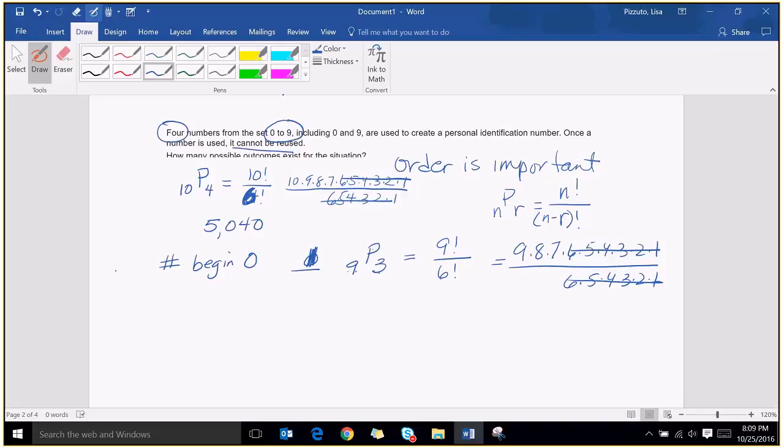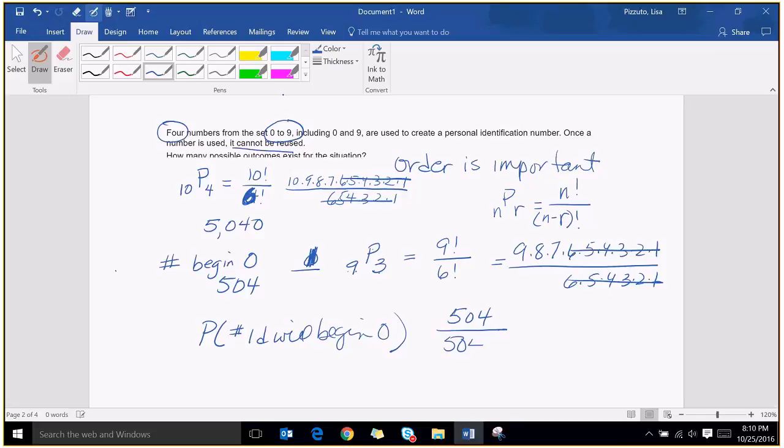9 times 8 times 7. 504. All right, so then what's the theoretical probability that the ID number will begin with 0? Theoretical. 504 over 5040.